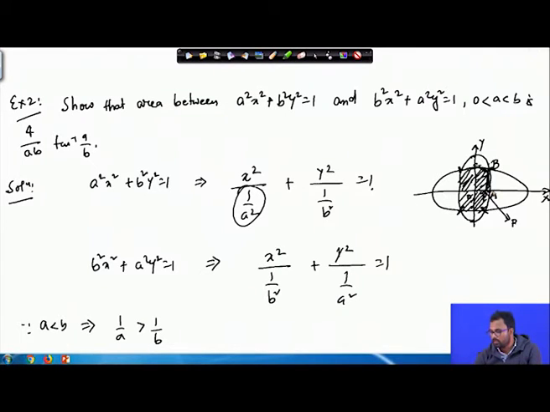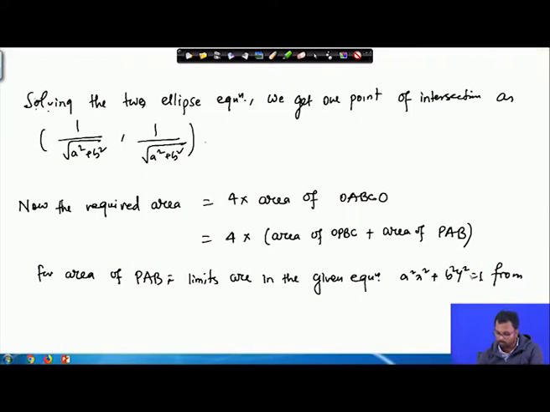That means this point is basically A, and OP is basically 1 by square root of A square plus B square. So from OP to PA, right.